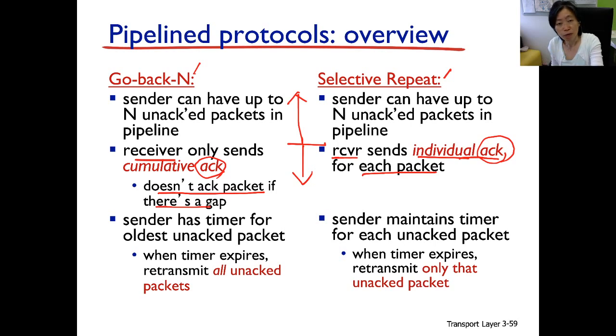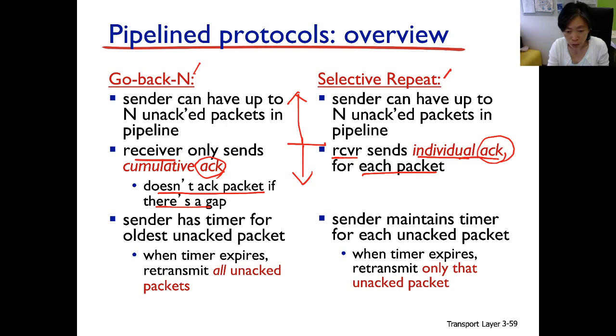When 4 arrives, the receiver does not send back acknowledgement 4. Instead, it sends acknowledgement 2 because there's a gap in the middle. So what the receiver of go back N is saying is, I'm telling you up to which point I have consecutive received data packets. So the next one is the beginning of a gap, definitely.